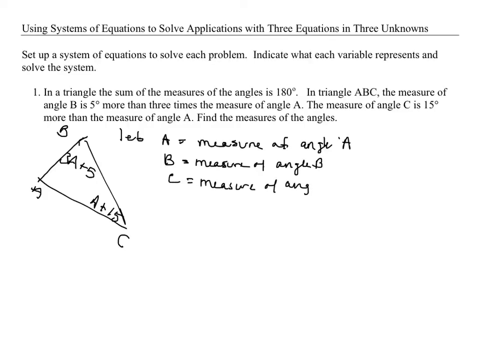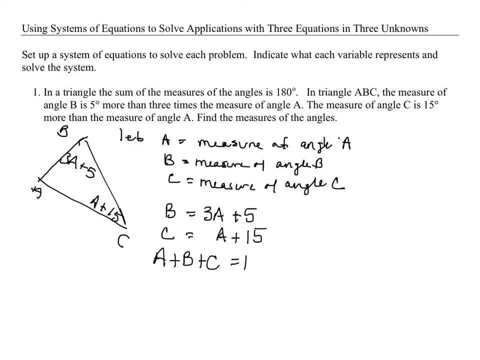of angle C. So if we set this up, we realize that B is equal to 3A plus 5. C is equal to A plus 15. And A plus B plus C is equal to 180.